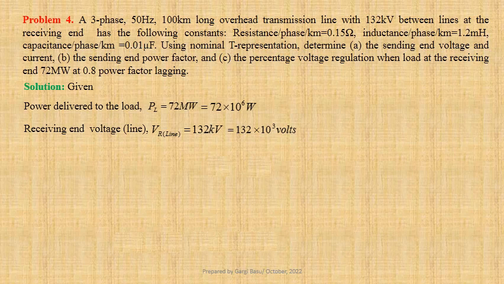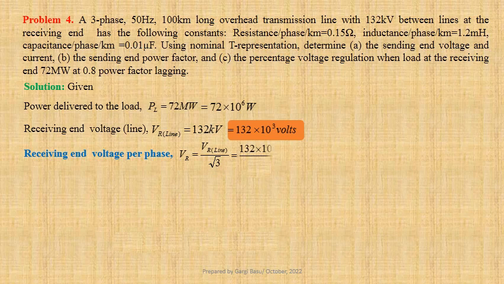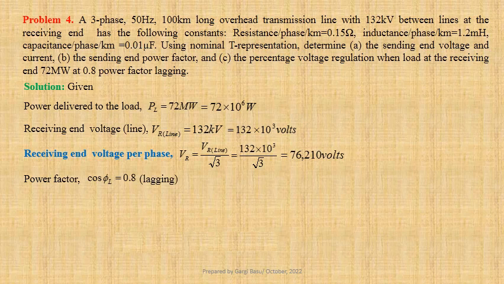For a star connected system, receiving end voltage per phase VR equals VR line divided by root 3, that is 132 into 10 to the power 3 divided by root 3, which gives us 76,210 volts. Given load power factor cos phi L equals 0.8 lagging.